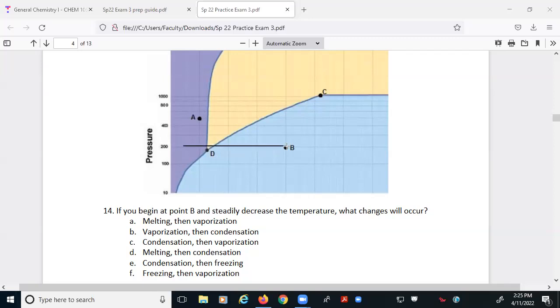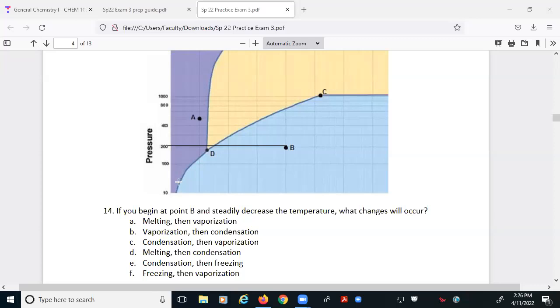Well, if I draw a straight line from B and decrease the temperature as I go, what I'm going to see is that I started in the gas phase and it managed to go from the gas phase to the liquid phase, grab a cup of coffee, and then go from the liquid phase to the solid phase after that.